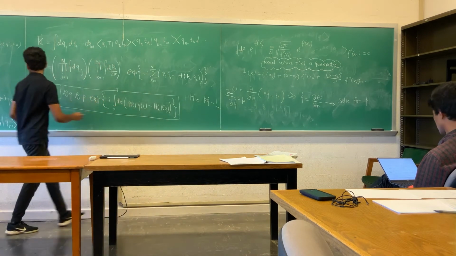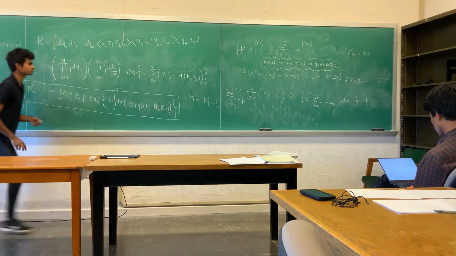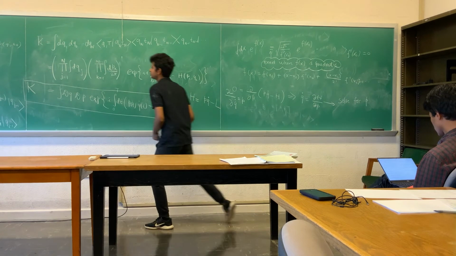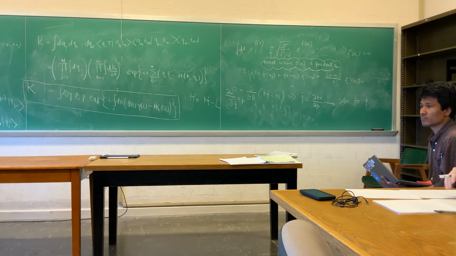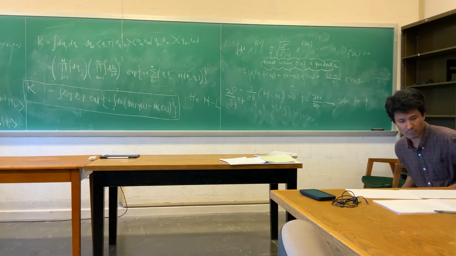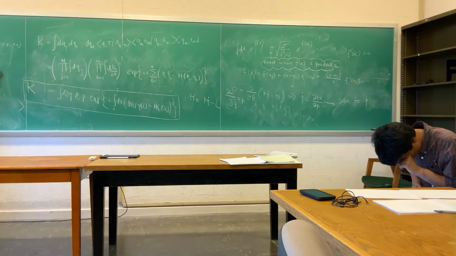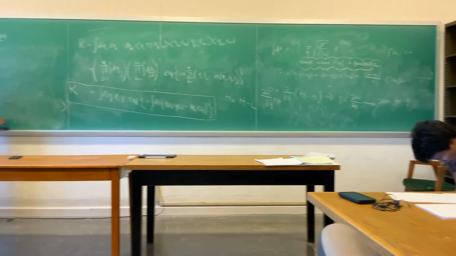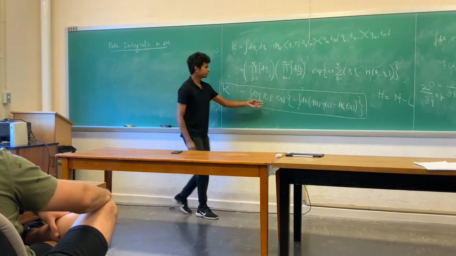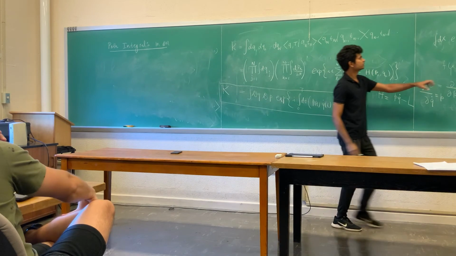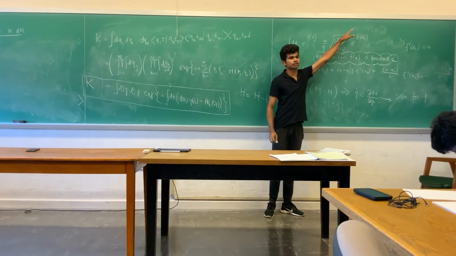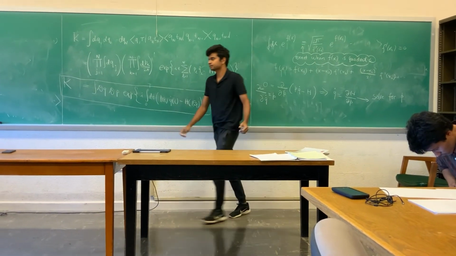So in the case of a quadratic Hamiltonian, once we do that, the dp integral is easy. It's just some constant times e to the f of that thing.